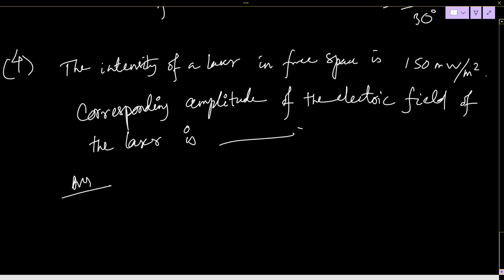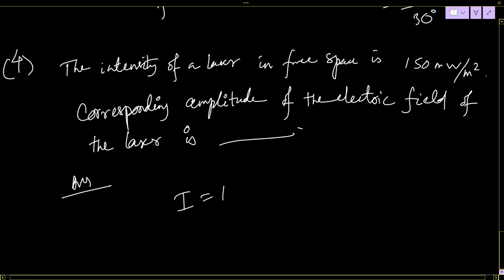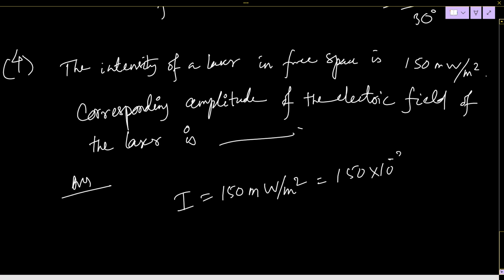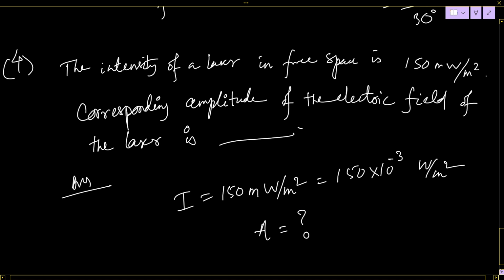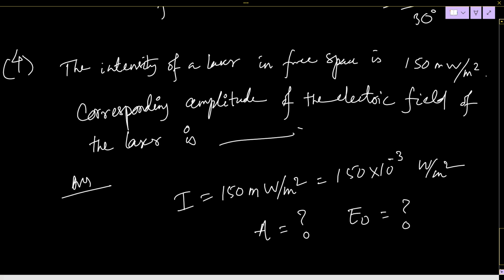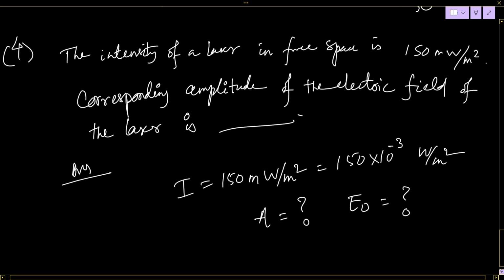The intensity of a laser in free space is given. So you are given 150 milliwatt per meter square. So 150 into 10 to the minus 3 watt per meter square is given. That is it. Corresponding amplitude. Amplitude is asked. Amplitude of what? Electric field, that means E naught. Okay. So we have to find a relation between intensity and amplitude of electric field.